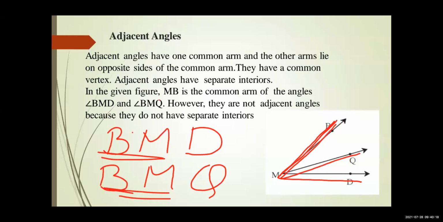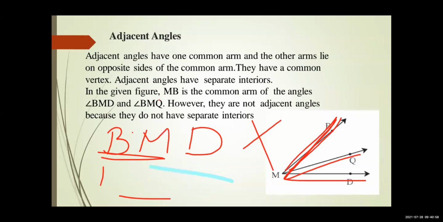So they are not adjacent angles because they do not have a separate interior. If I say BMD and BMQ are adjacent angles, no, they are not. There is a common arm, BM repeats, but there is not a separate interior. That's why it is not an adjacent angle.